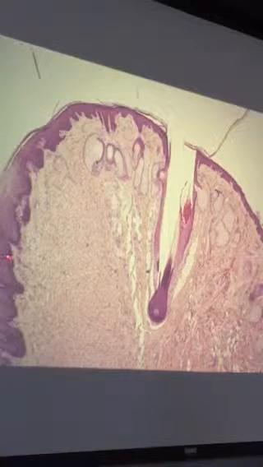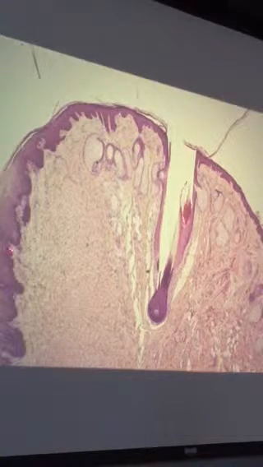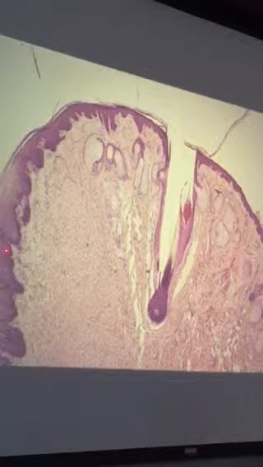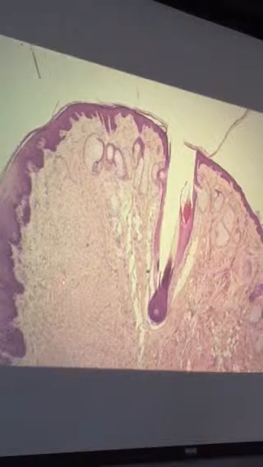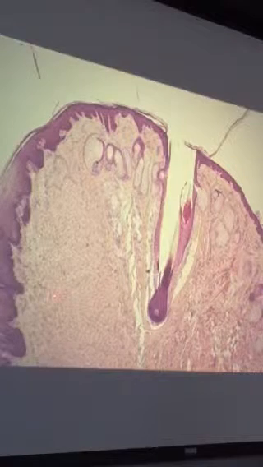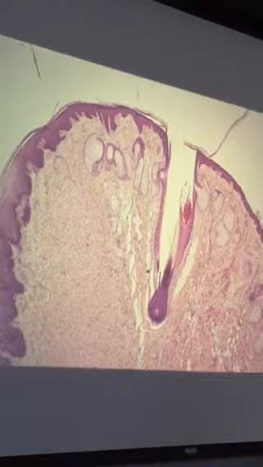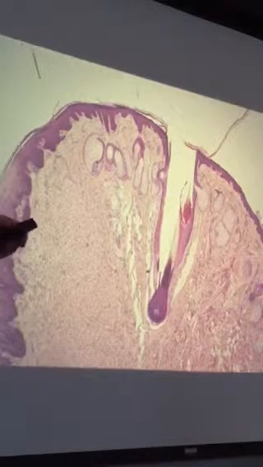And so we've got the non-keratinized stratified squamous epithelium, and then we have a lamina propria and a submucosa, and we have the fibers of the orbicularis oris cut in cross section. And up here in the transition zone, a number of vessels in that area, and if you ever have cut that, that bleeds very nicely. And right about there, that's where we go from a keratinized epithelium to a non-keratinized epithelium.